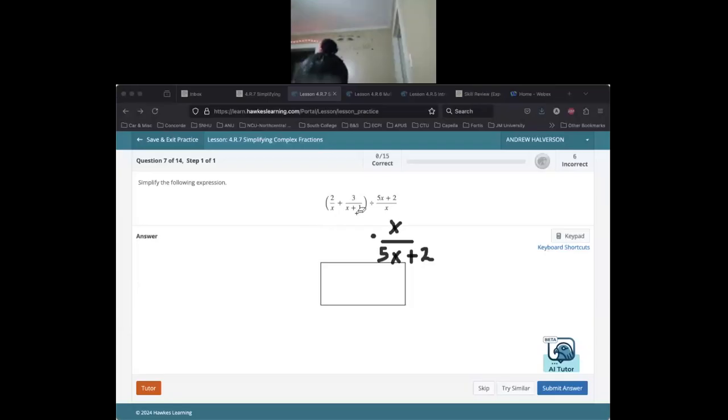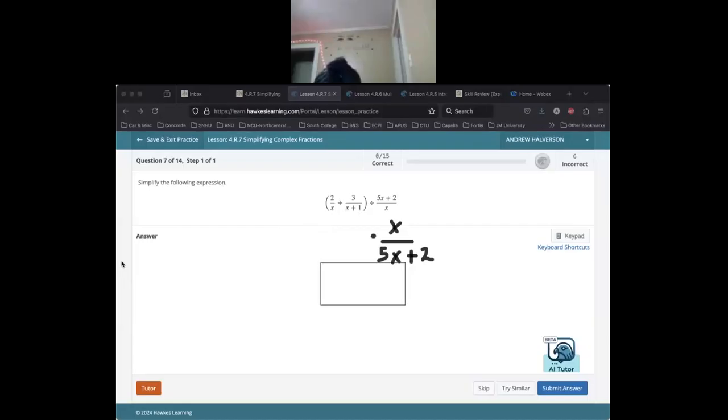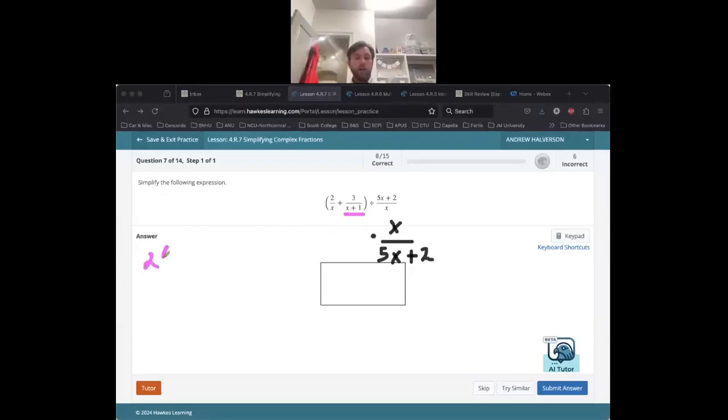But remember, and this is where, if you can remember the steps, take the denominator of the second fraction and multiply it to the top and bottom of the first fraction. So take the first fraction, multiply the top and bottom by that second denominator, okay?